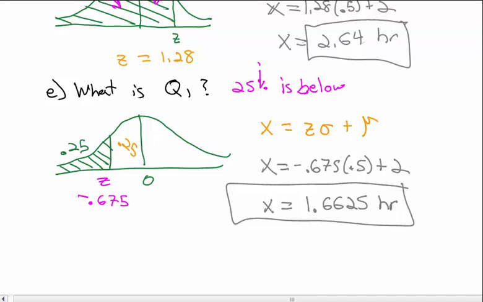So this is the normal distribution. It's a bell-shaped curve. Many things in statistics and the studies that we'll do will follow this, and we'll talk about why when we get to the central limit theorem in Chapter 7.